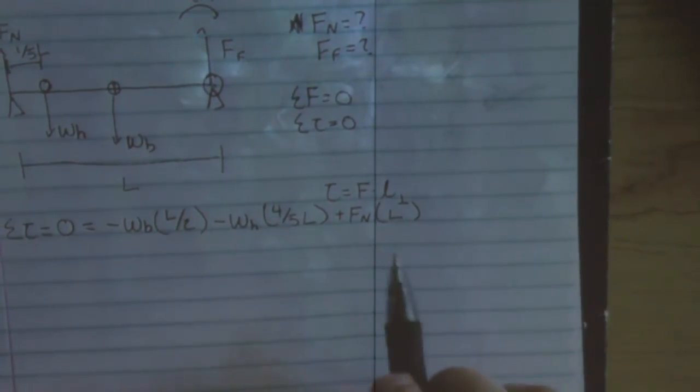So now we can solve for Fn. Since everything has L's attached to it, and 0 divided by L is still 0, we can get rid of all the L's. Now we can just start plugging stuff in.